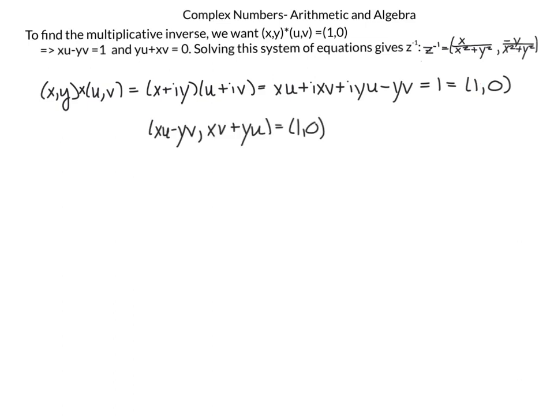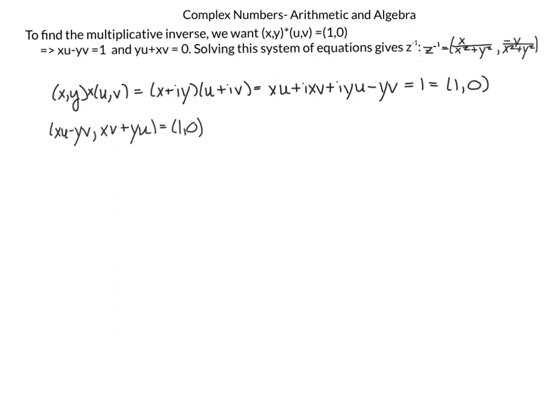Now I'm going to group this together, so I have xu minus yv is equal to 1, and then I have my xv plus yu is equal to 0. From here, I can group my real parts together, my xu and my minus yv, and set that equal to 1.